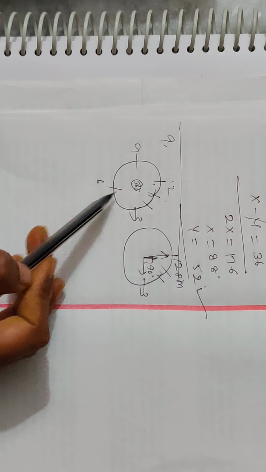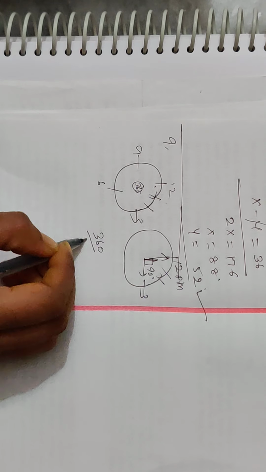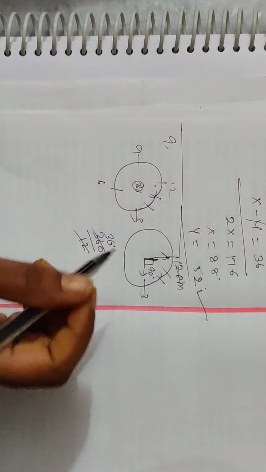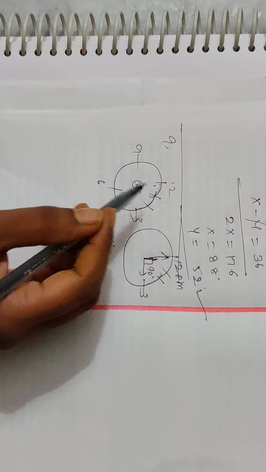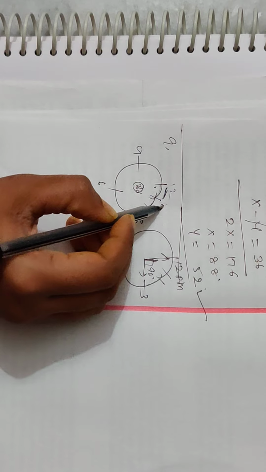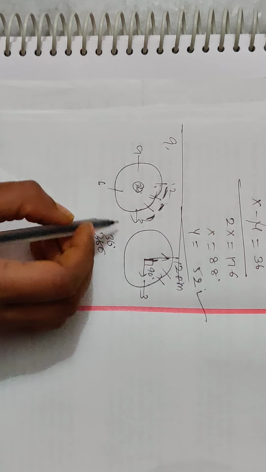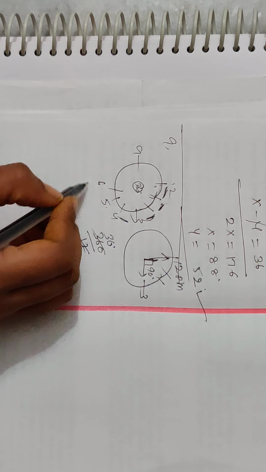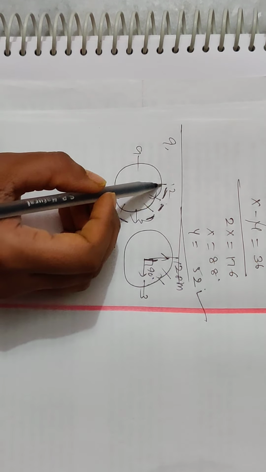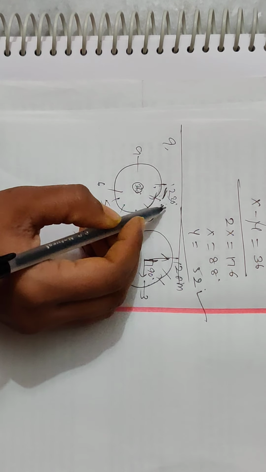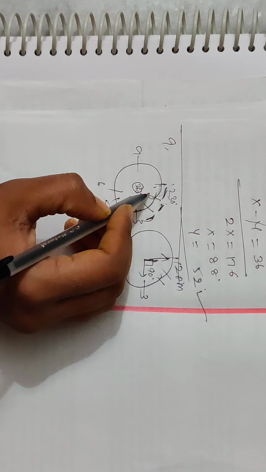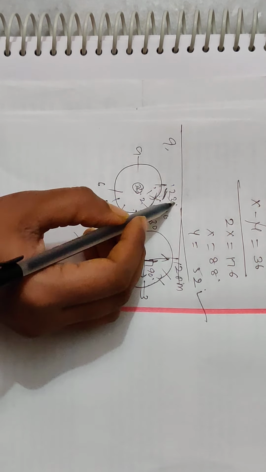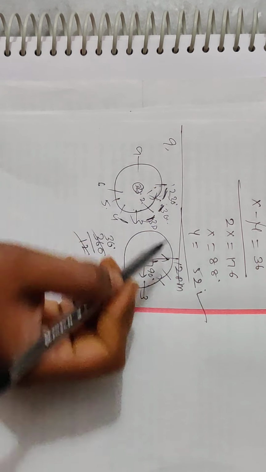So 360 by 12, that is 30 degrees each division. 12 to 1 is 30, 1 to 2 is 30, 2 to 3 is 30, and so on. 30 plus 30 is 60, 60 plus 30 is 90 degrees.